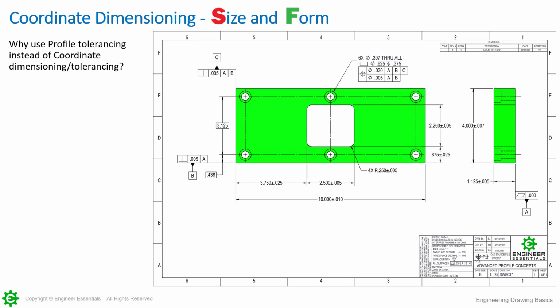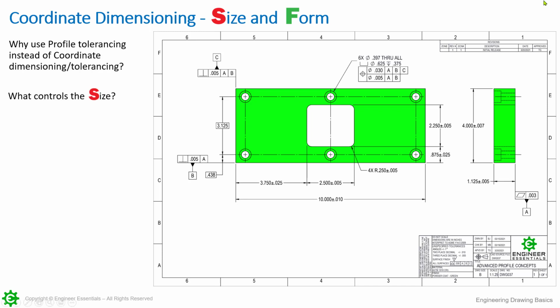It must have size, location, orientation, and form. Now, when it comes to surfaces, it's not going to be size on all those surfaces, not to say that we can't use profile to control that, but as was stated by ASME, it's really the location and orientation that they would like for us to use profile tolerance for on these surfaces.